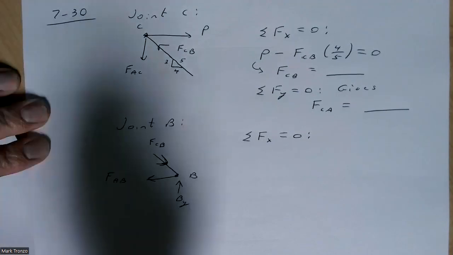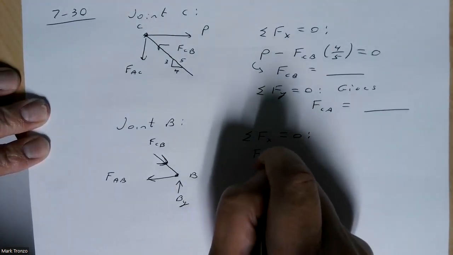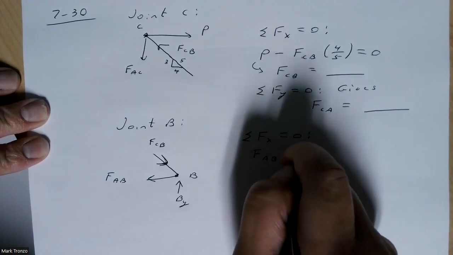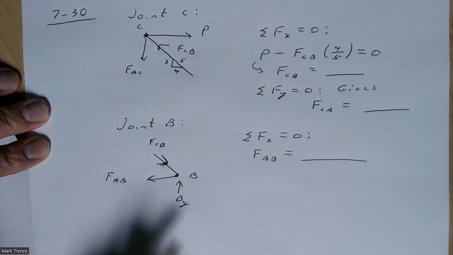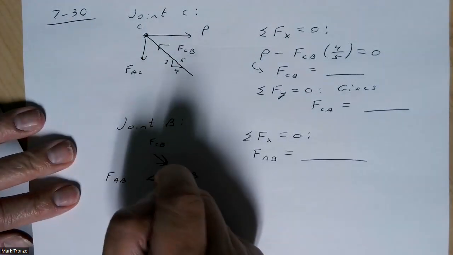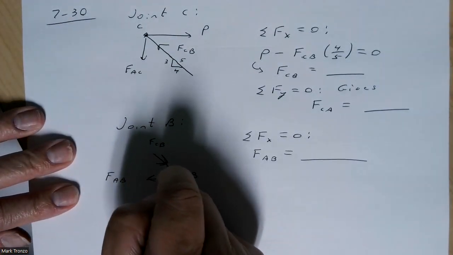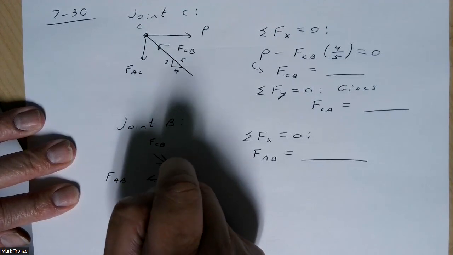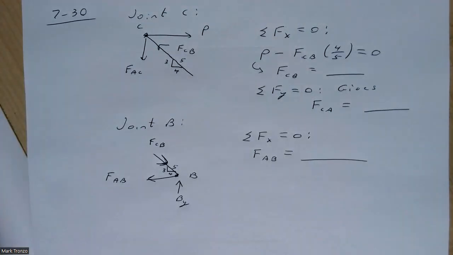And from this, you can find FAB. Just sum these. And again, remember this little triangle is going to be 4, 3, 5. And that'll give you FAB.